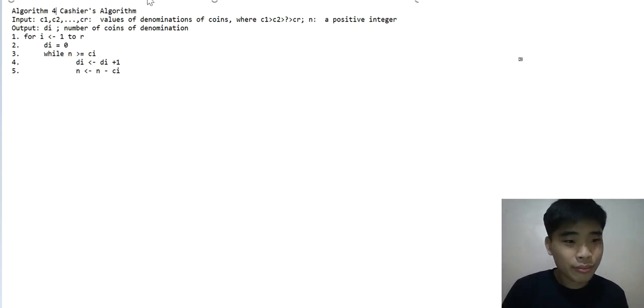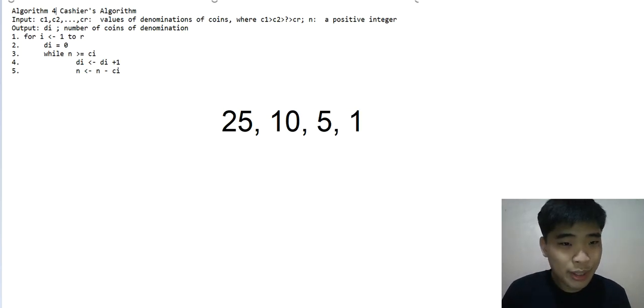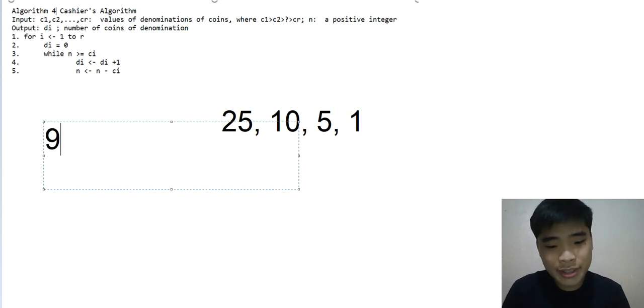So in this cashier's algorithm, say we have denominations 25, 10, 5, and 1. So we have an example of 97 cents.